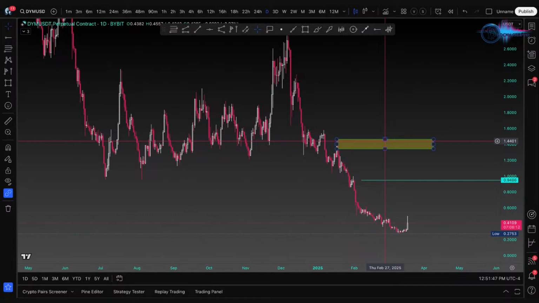You have to wait for the market to come to your trade or your idea of the trade. A lot of people think, oh my God, we're dropping, I got a short. That's not the case. Wait for it to come back up into key zones and then short from there if you believe the market's still going to go down. You don't always have to be in a trade.